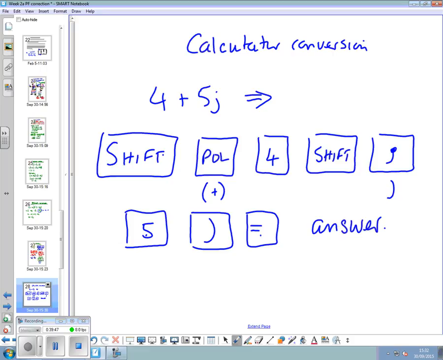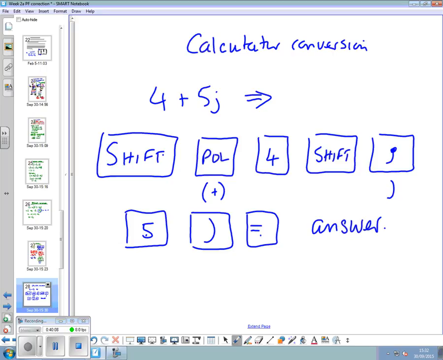So, shift, polar, 4, shift, comma, 5, close the brackets, equals.